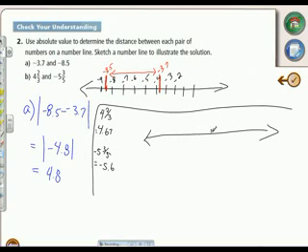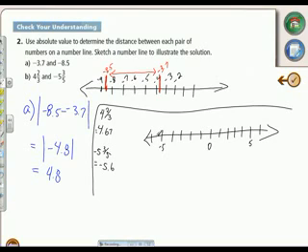And let's put them on. So I'll put the 0 in the middle because they're both halfway on either side. 1, 2, 3, 4, 5, 6. 1, 2, 3, 4, 5, 6. There's 5. There's negative 5. And put your numbers on.